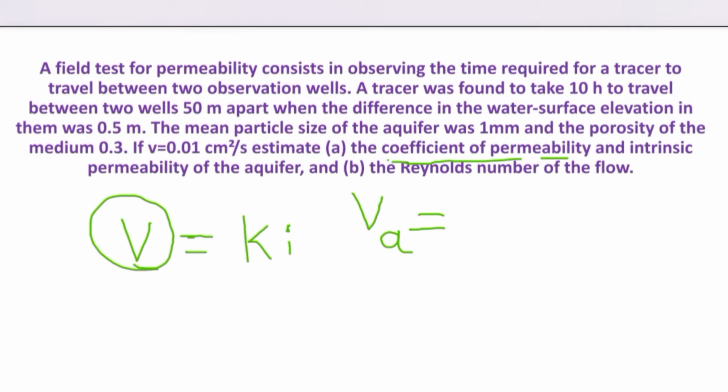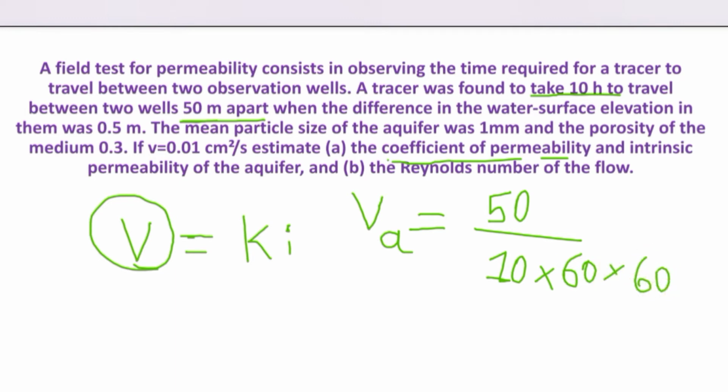As you can see here that the distance between the two wells is 50 meter, as the two wells are 50 meter apart. So it will be 50 divided by, tracer was found to take 10 hours. So the time is 10 hours and we convert it in second. So 10 into 60 into 60.